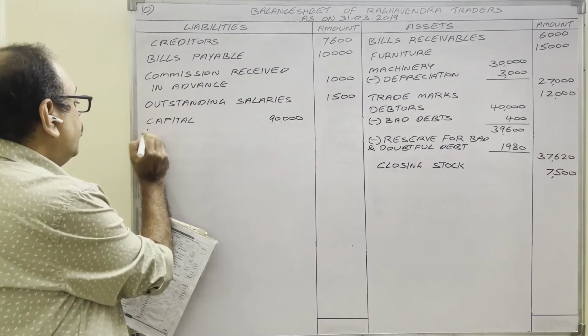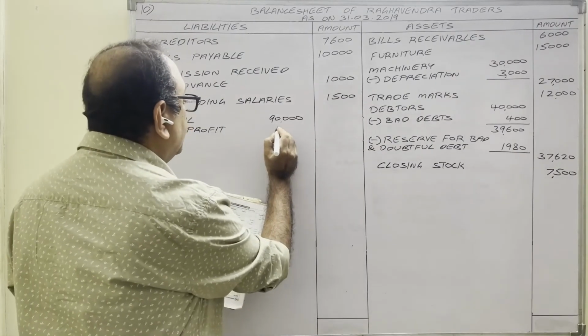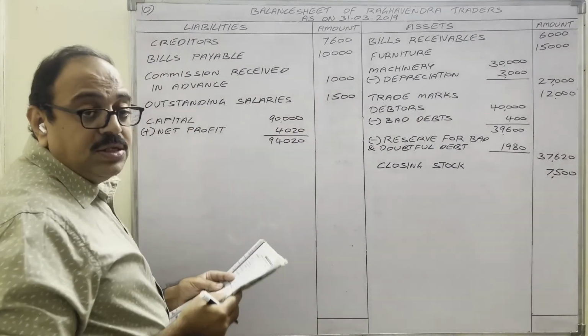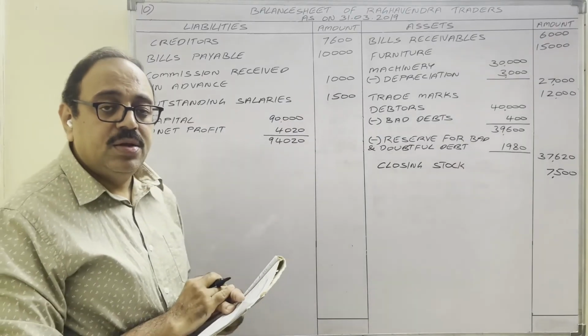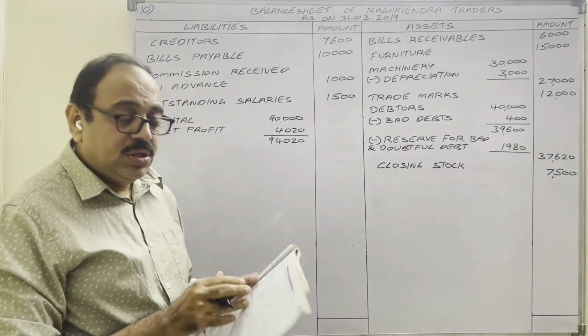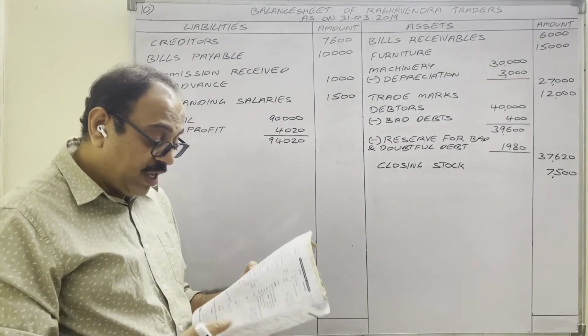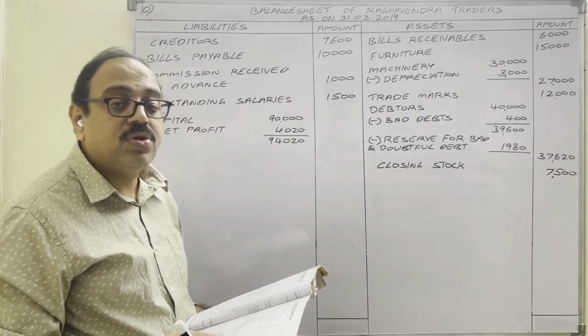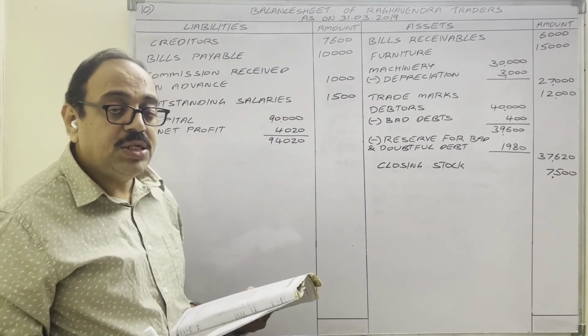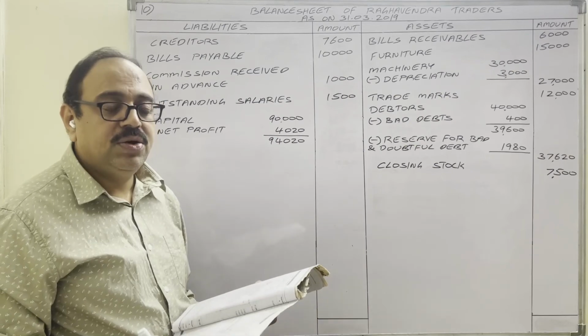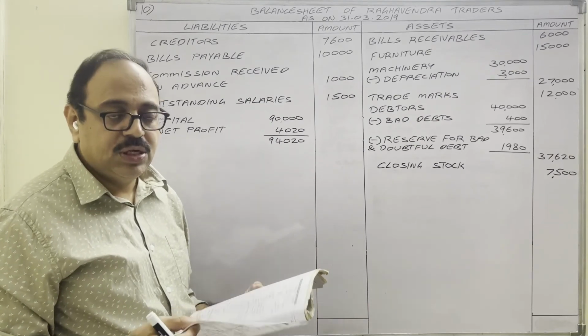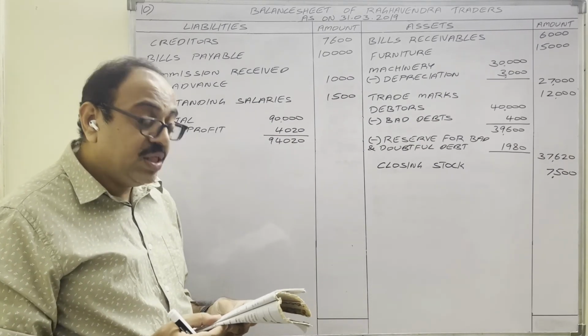Plus net profit 4,020 rupees total minus two drawings amounts are there. So one amount in trial balance debit side he has given drawings 4,000. Here the meaning is owner withdrew cash from the firm for personal use. And another drawings are given in the adjustment, no?